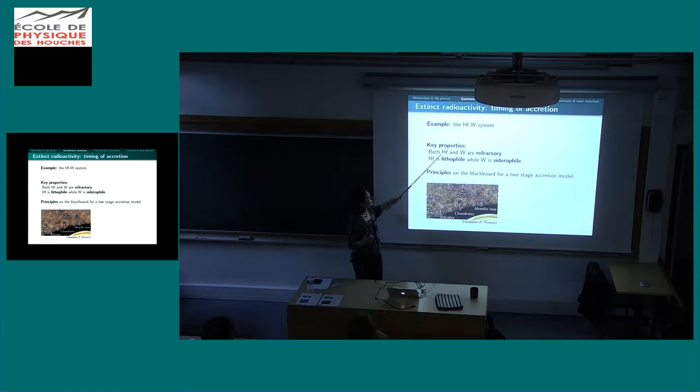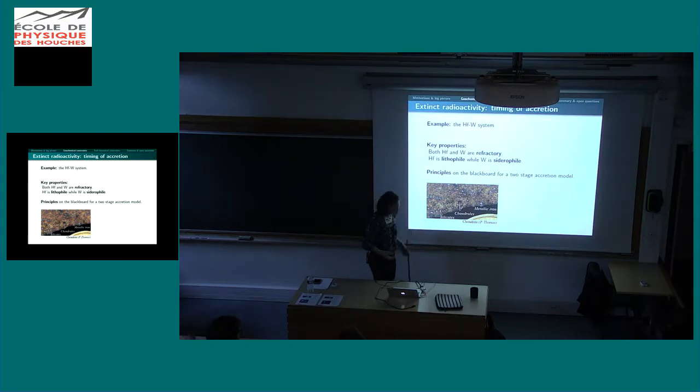The first one is that hafnium and tungsten are refractory, so they won't evaporate in the gas, and they will stay in the solid part of the Earth. Hafnium is very lithophile, whereas tungsten is very siderophile. So tungsten will partition into the core, whereas hafnium will partition into the mantle. And the third one is that the half-life of the system is short enough and of the right order of magnitude that you expect for core-mantle differentiation, for Earth formation.